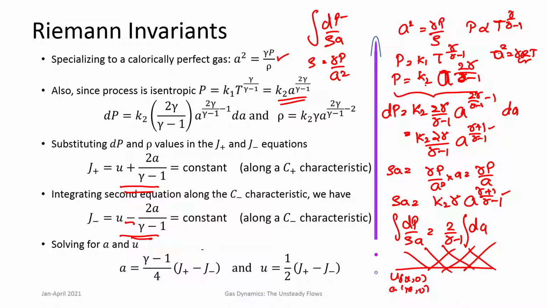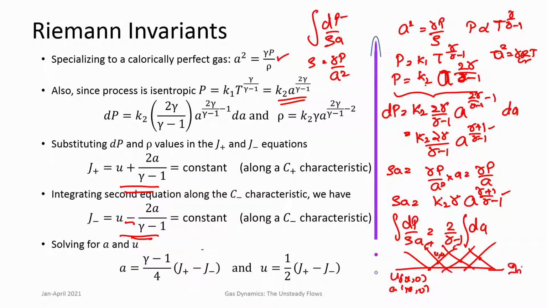At intersections of the C plus and C minus characteristics, you evaluate u and a. If this is the C minus characteristic and this is the C plus characteristic, along the C minus characteristic J minus is constant, along the C plus characteristic J plus is constant. So it can be evaluated starting from the initial value.